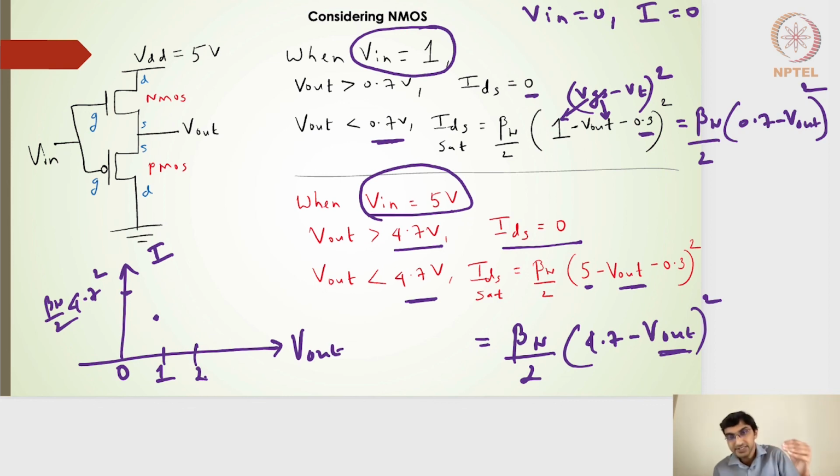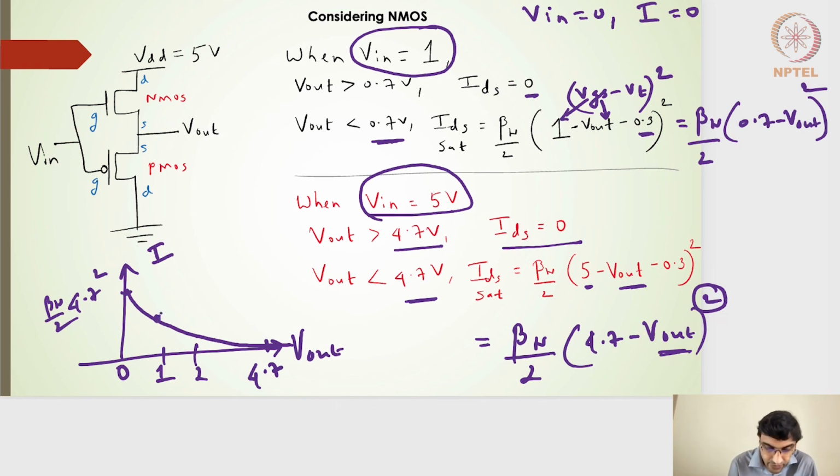So it is a decreasing profile, a second order decreasing profile, decreasing in a square fashion. At this particular point it touches the 0 value, which will be 4.7 volts.